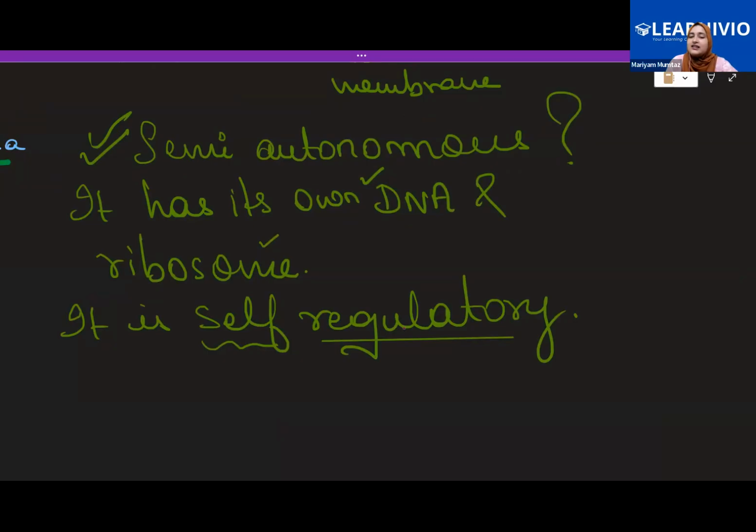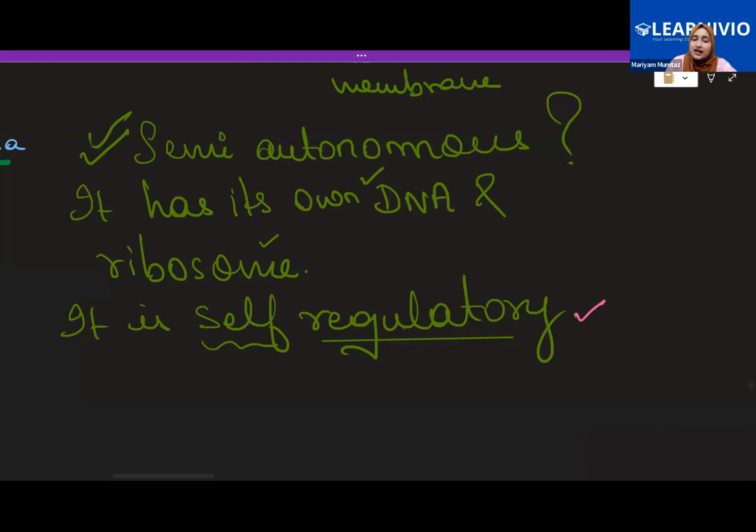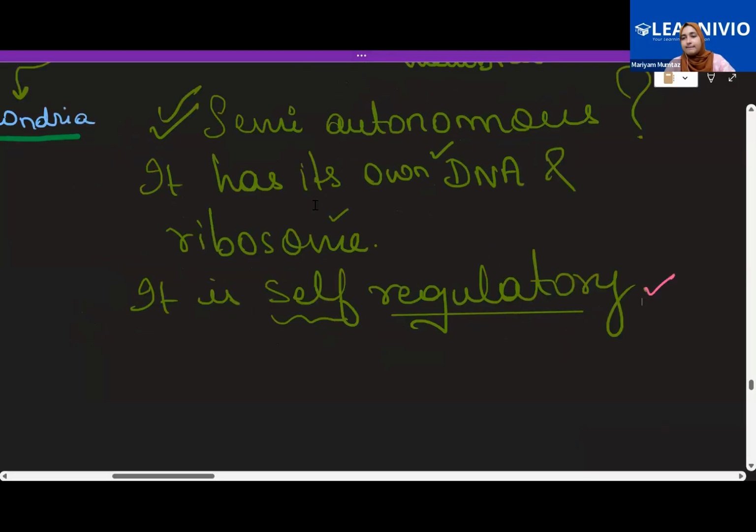Semi-autonomous means that it is self-regulatory. It has its own DNA, so it can replicate on its own. It has its own ribosomes, so it can make proteins on its own. So that is why we say that the mitochondria is semi-autonomous in nature because it has its own DNA and ribosomes. Clear, students? Any doubts? Yes, mom.